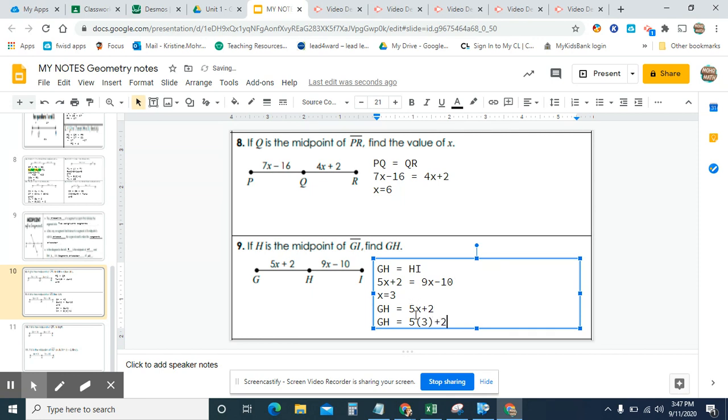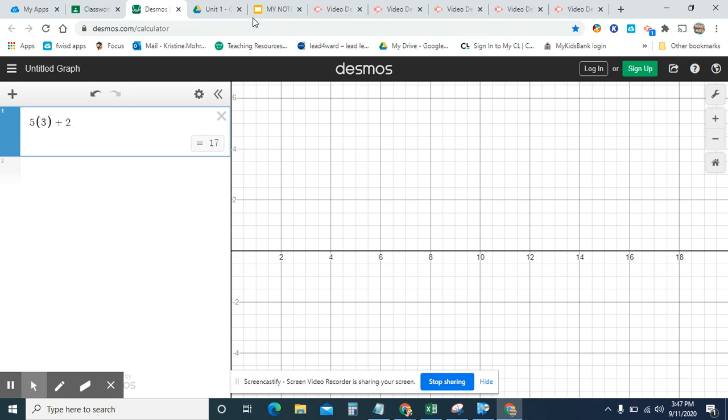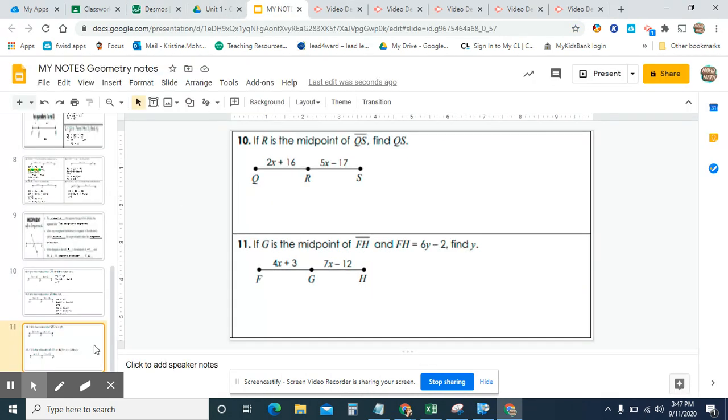So we just changed x to be our 3. So we know 5 times 3 is 15, plus 2 more is 17. So GH equals 17. Or again, you can go into Desmos. We know it was this first part, 5x plus 2. So let's change that x to be in parentheses 3, tells me 17. Let's look at the next slide.